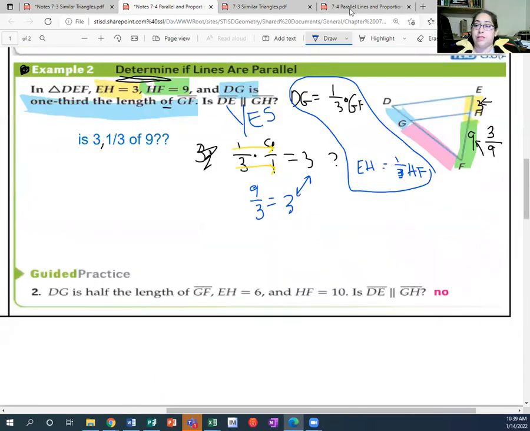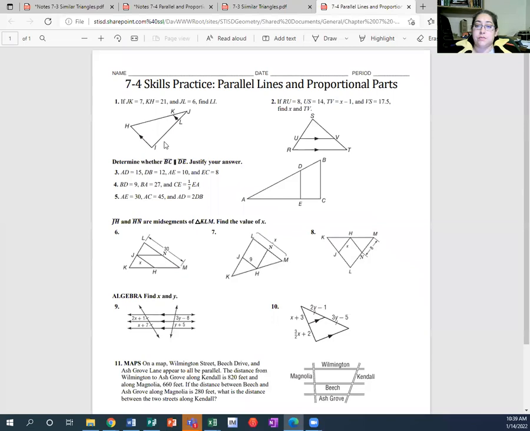Before I move on, let's take a look here. That's going to be 3 through 5. So we've given you enough information now to do the first 5 items. Let's figure out how we're going to do the next 5 items, 6 through 10, where we're talking about mid-segments.